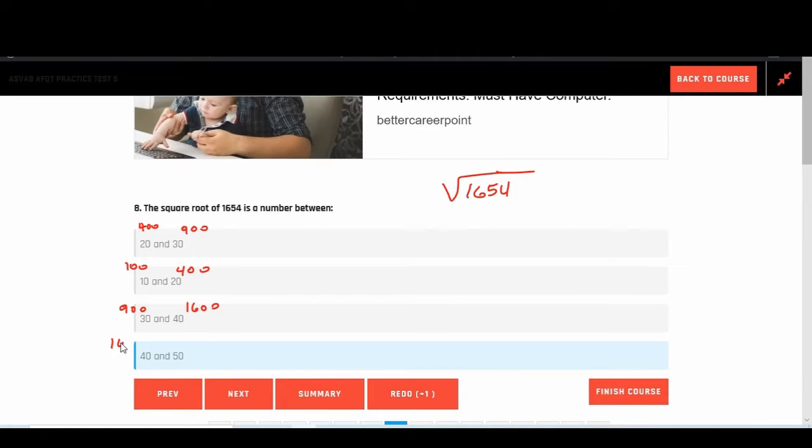The square of 50 is 2500. Okay? 1654, as we can see, falls between these two numbers, so we know that the square root of 1654 is going to be somewhere between 40 and 50. Again, not a difficult problem as long as you're able to think your way through that one.